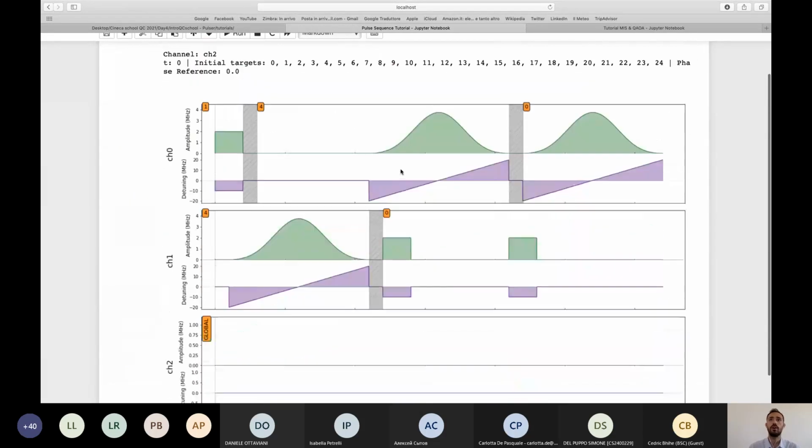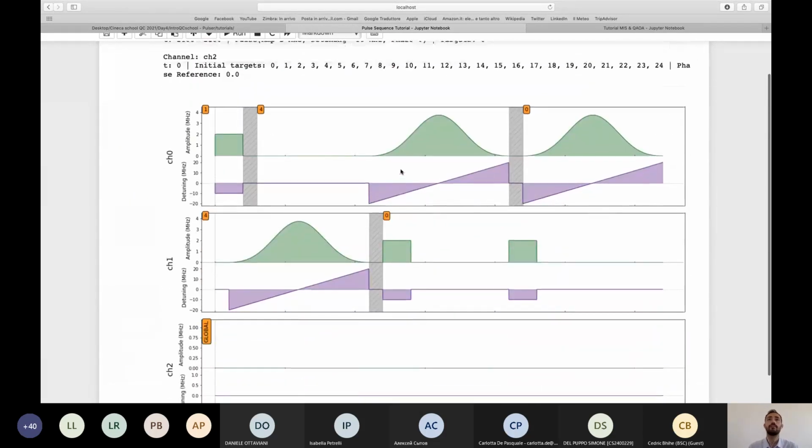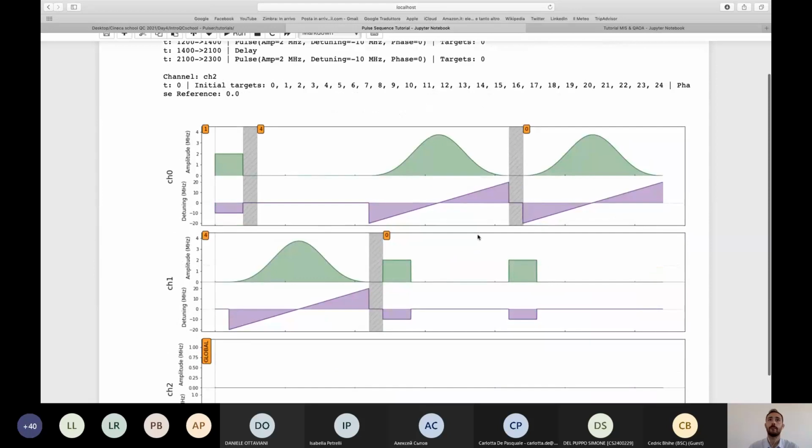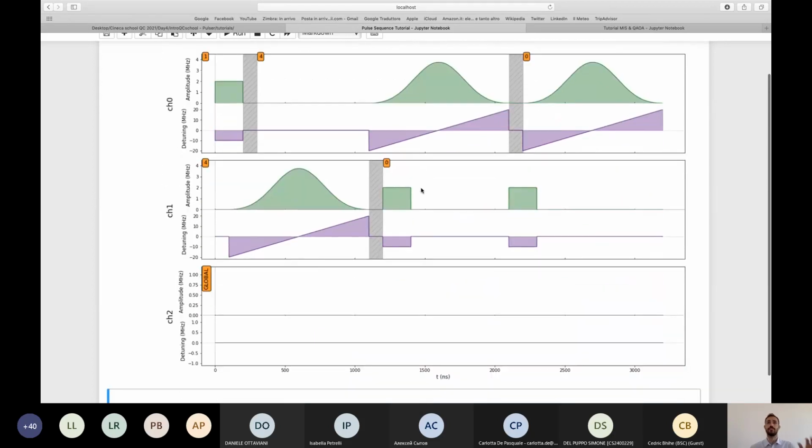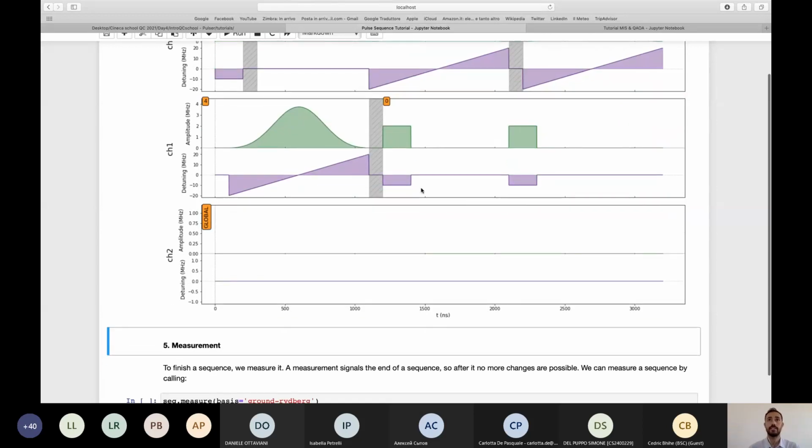With no delay, both channel 0 and channel 1 operate on qubit 0 and shine a pulse at the same time. So you can have all these different combinations in your sequences.